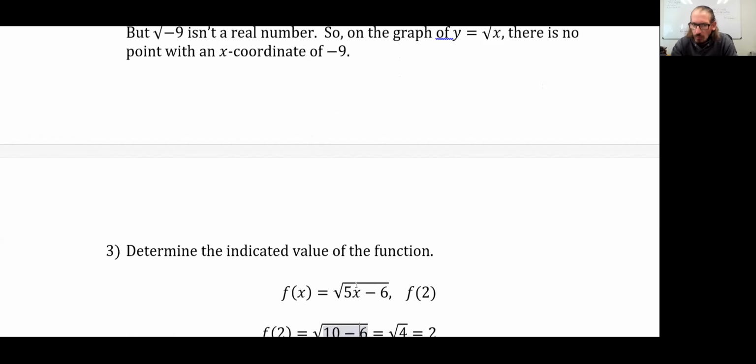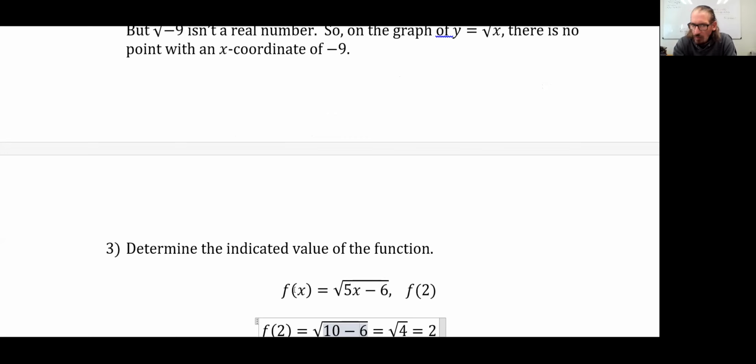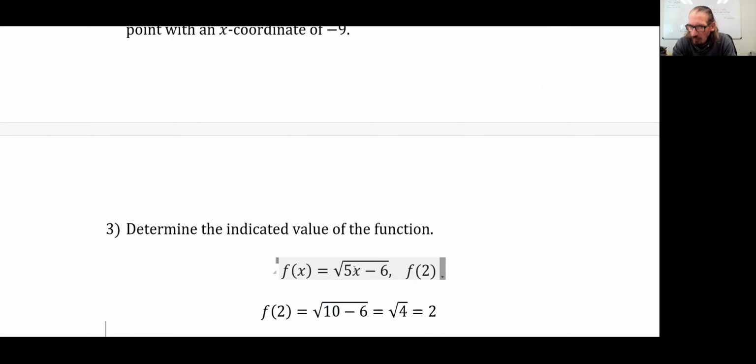All right. So let's say that we have a little bit messier function involving a square root. Square root of all of 5x minus 6 is under the root, and we want to plug in 2 for x. Then 5 times 2 is 10. 10 minus 6 is 4.